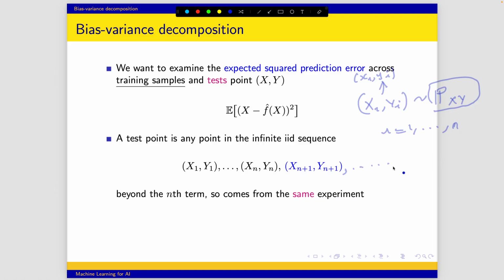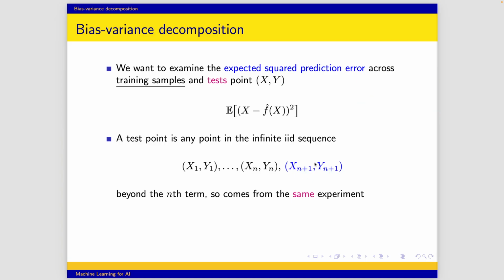It could be any point. When I say x, y, I mean any one of the points along here, subsequent to this point xn, yn. These form our training set, and any of these are our test points. We have to do this because we need to ensure that they all come from the same experiment. They all have the same underlying probability space. This is one of the reasons we use this assumption.